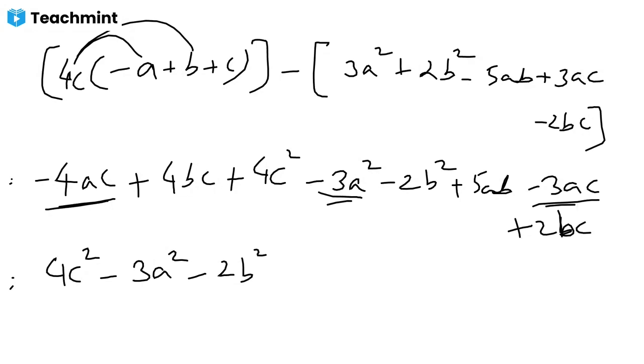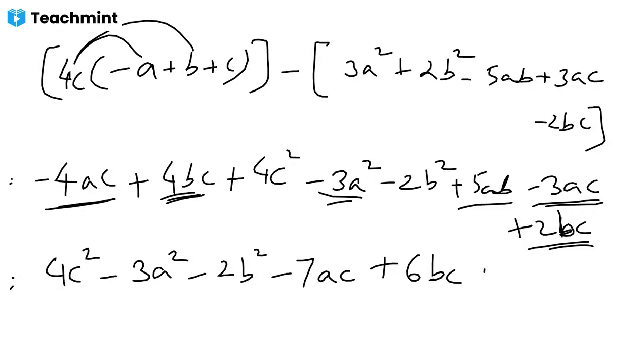Yes, here also one ac term is there. So minus 4ac and minus 3ac will be minus 7ac. Both have to be added because they have the same sign. Now bc, here 4bc and here 2bc, so it will be 6bc. And one ab term is there, that is plus 5ab.